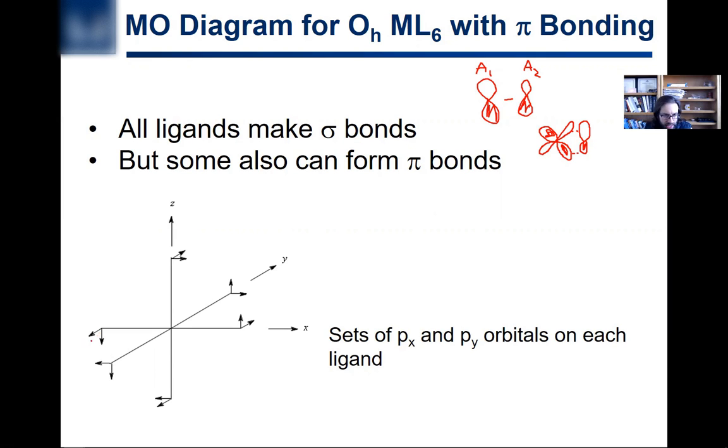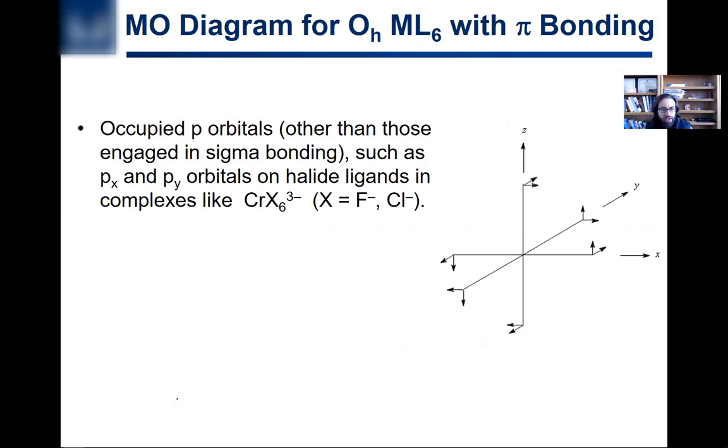So I drew these arrows here that represent the sets of px and py orbitals on each ligand, because we're saying that the pz orbitals are involved in some sort of sigma bond. Okay, so these p orbitals can be occupied or unoccupied and still be pi bonds.